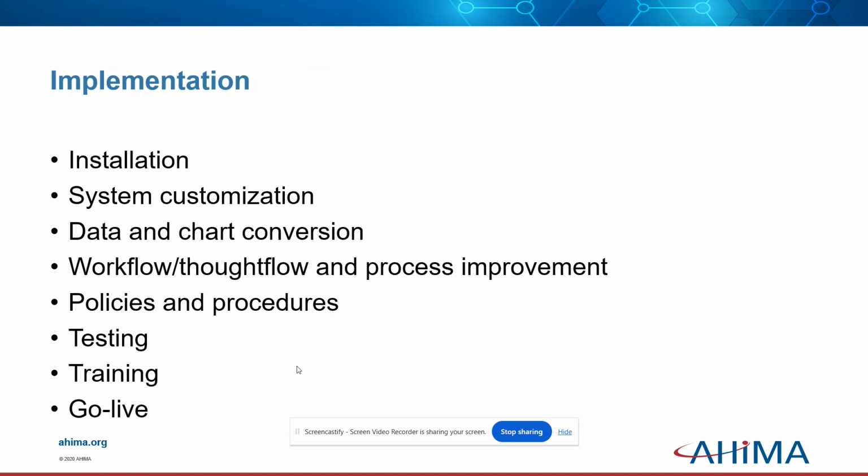We look at as-is diagrams to understand the current situation, and we design to-be models to understand how the future will be improved. We need to monitor and understand policies and procedures. Testing must take place, as well as training for all of the individuals that will be using the system before going live.